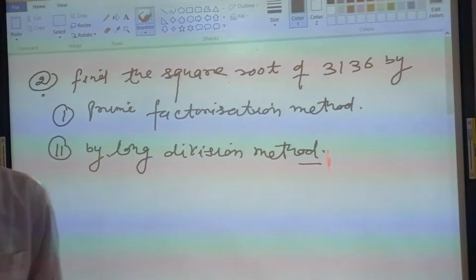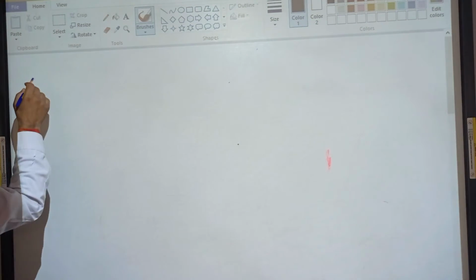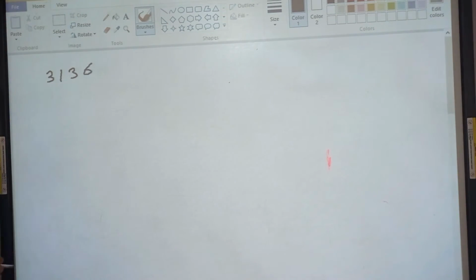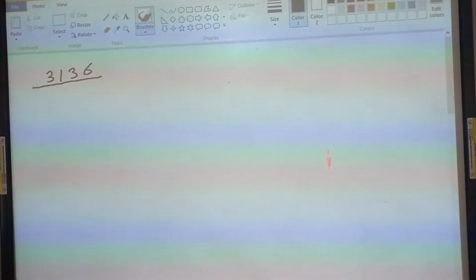Question number first, 3136. Okay, this is the number. We have to find the square root by prime factorization method as well as long division method.